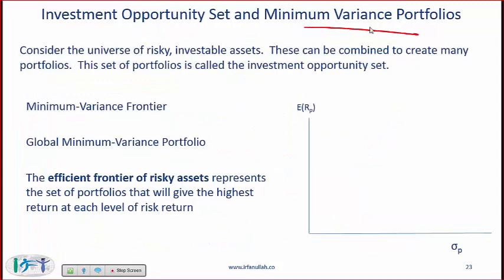Investment opportunity set and minimum variance frontier. Consider the universe of risky investable assets. These can be combined to create many portfolios. This set of portfolios is called the investment opportunity set. What you need to know is if you have expected return of portfolios on the y-axis, the risk on the x-axis, if you take any level of return, you will find several possible portfolio risks, but there will be some portfolio with the lowest possible risk at this level of return, given that you only have risky assets.